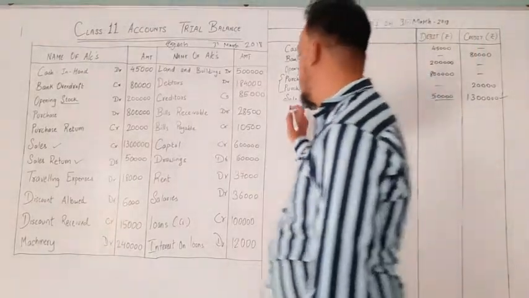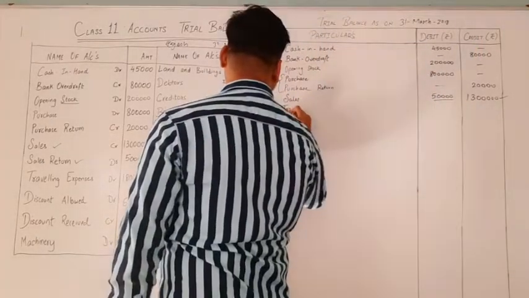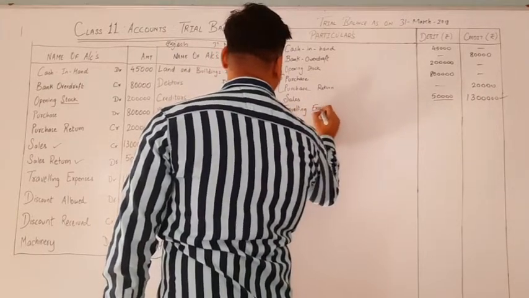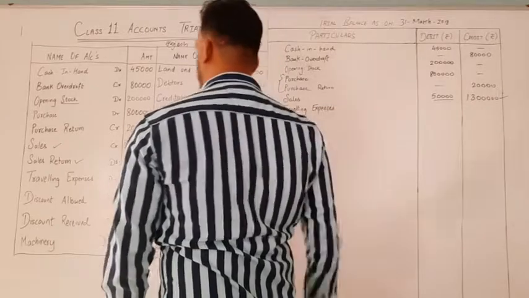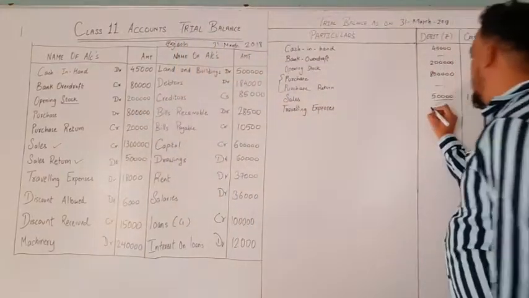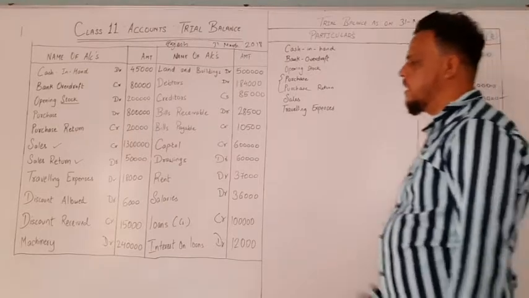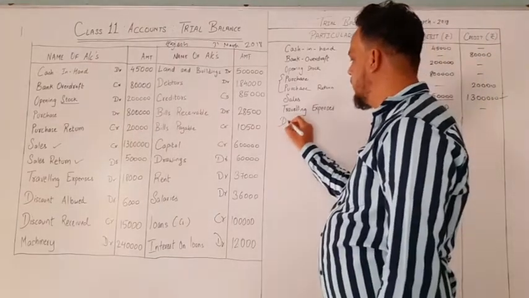Now we are writing traveling expenses. Traveling expenses is on the debit side, 18,000. Discount allowed.